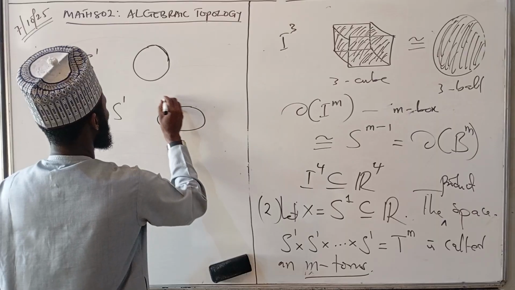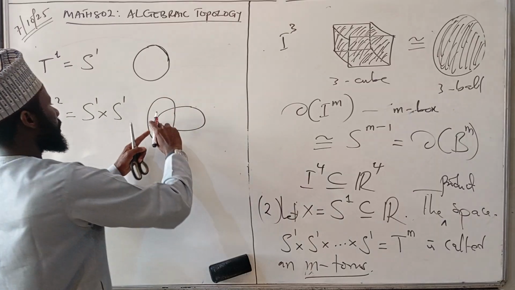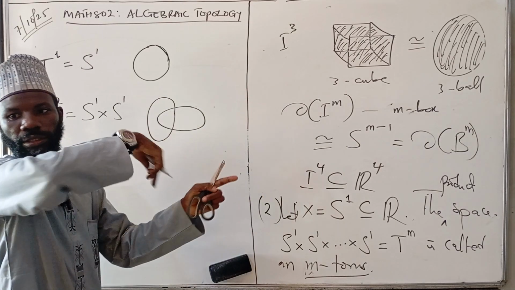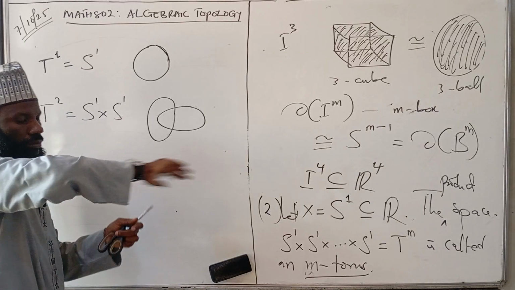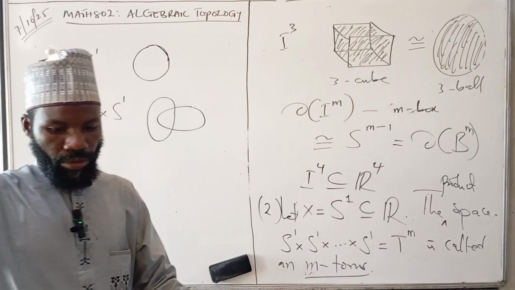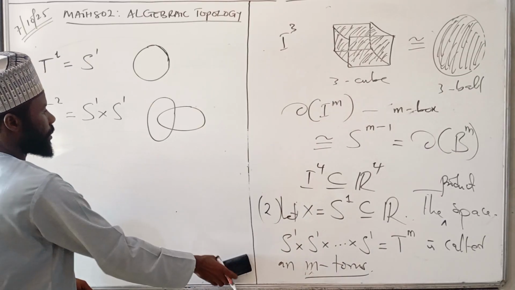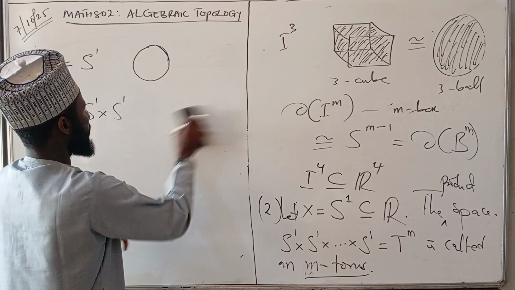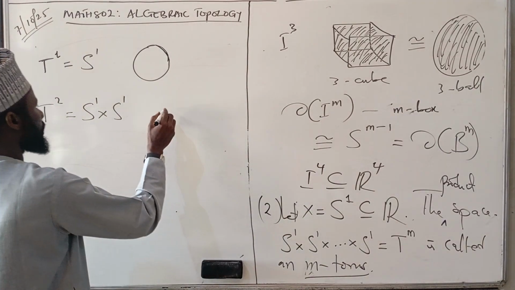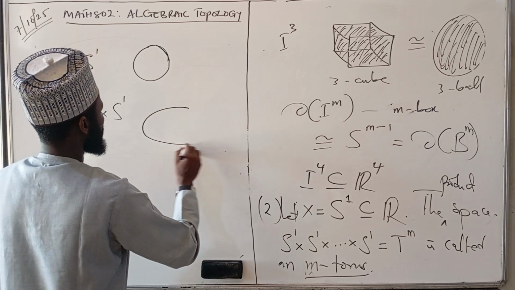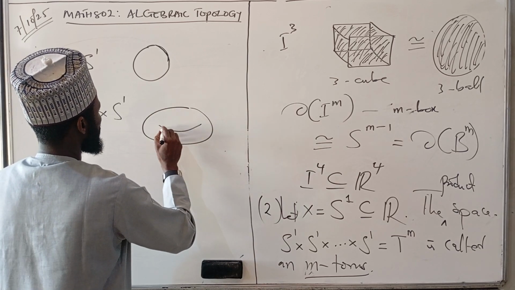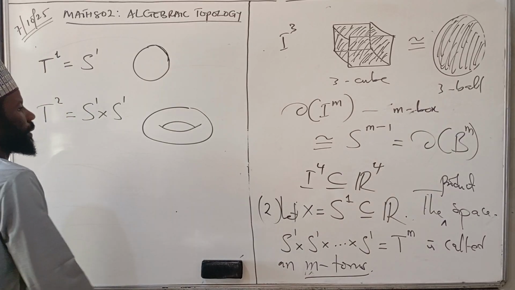You have another cycle like this, and then you rotate this cycle around the other one. It will sweep out a space. So let me just draw what it is. It is this one.